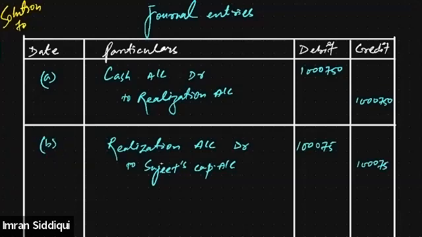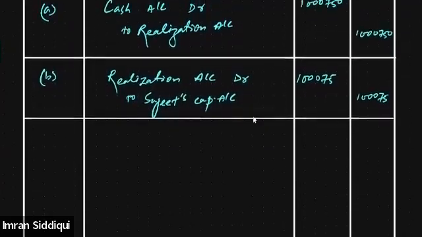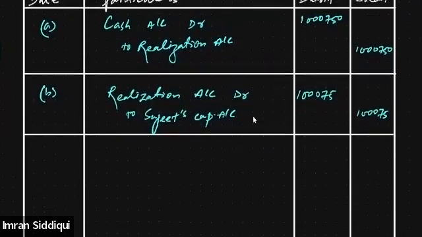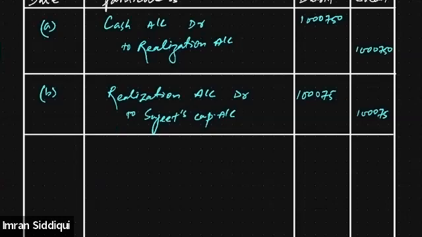Right, everybody understood this point? I'm not writing the narration, guys, but narration is compulsory. You need to write down the narration of every journal entry. If anybody has any problem writing the narration, do let me know so that I can write it along with the journal.